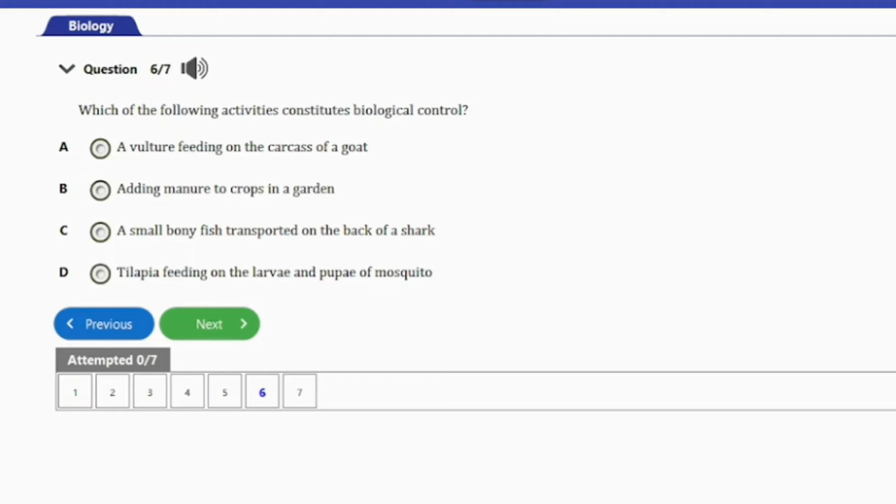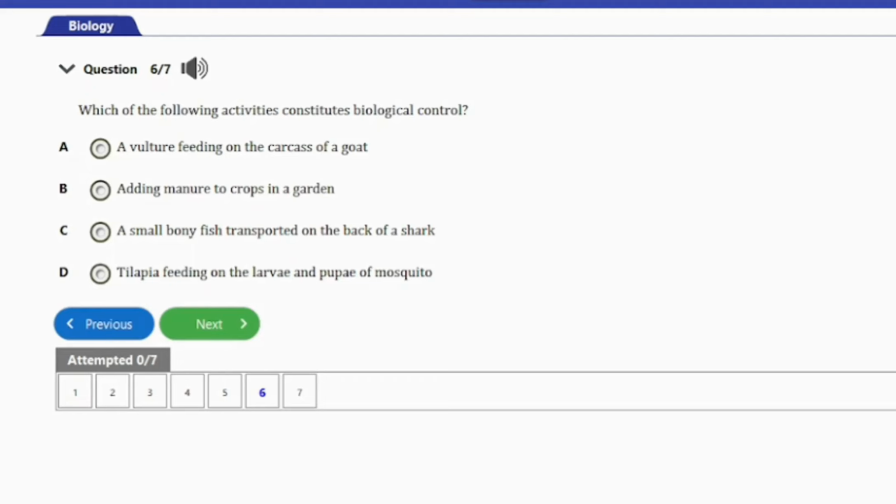So guys, the next question we have here is question number 6. It says, which of the following activities constitutes biological control? We have A. a vulture feeding on the carcass of a goat, B. adding manure to crops in a garden, C. a small bony fish transported on the back of a shark, D. tilapia feeding on the larva and pupa of mosquito.